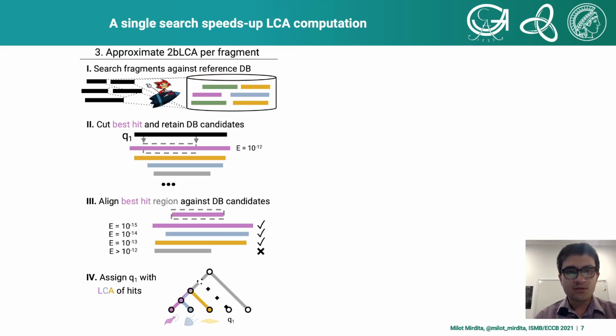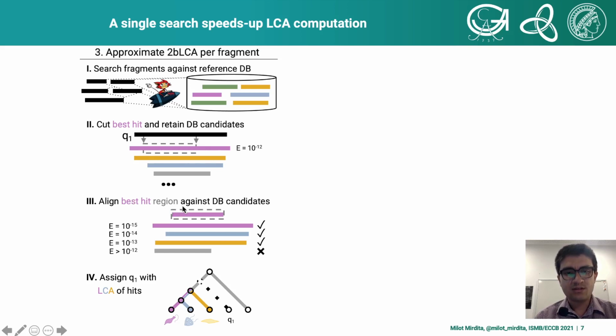Okay, so now having these fragments, we can search each of them with a slightly more sensitive search mode against the taxonomy reference database. For each fragment, we find the best hit in the database, retain the alignment region, and note down the e-value of its best hit.